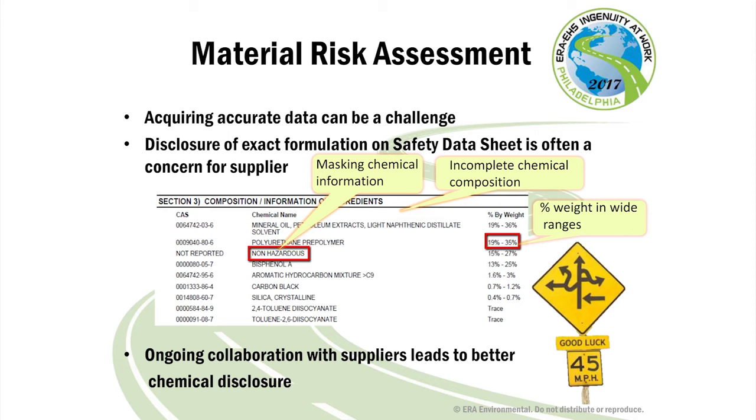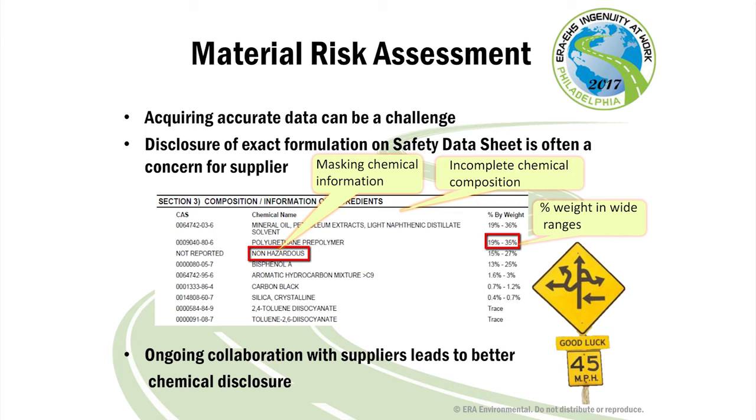Some of the examples that you might have come across is incomplete chemical composition. If your supplier deems a particular chemical non-hazardous, then you might not see that on your SDS. Proprietary formulas can be masked, so the chemical ingredient will have a generic name.